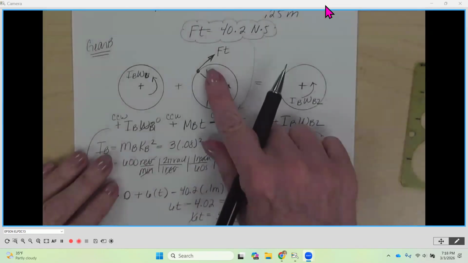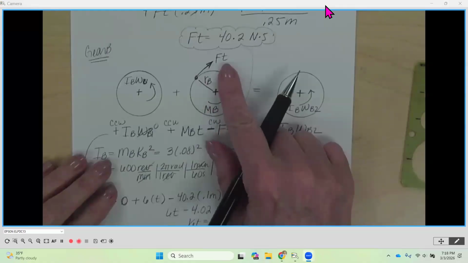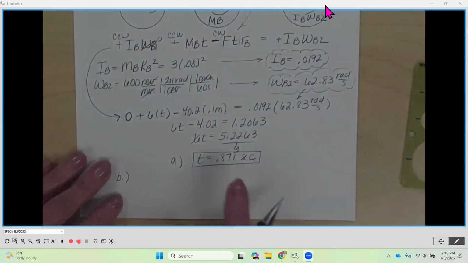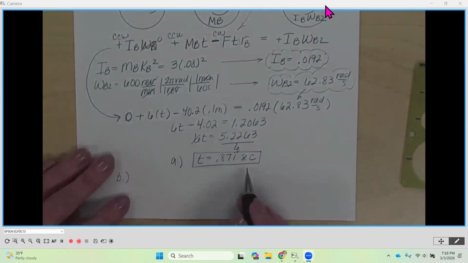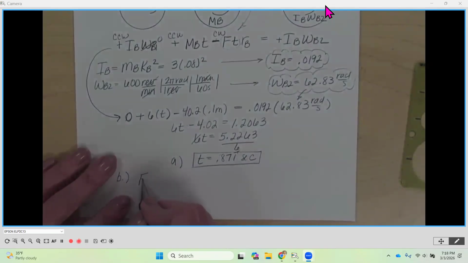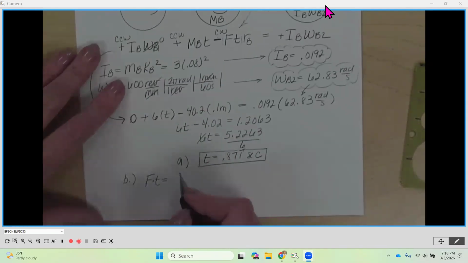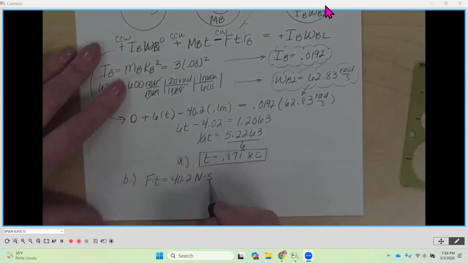Okay. So the force here is F times T. Now, if we know that the time is 0.871 seconds, we can say that F times T, we know that to be equal to 40.2 Newton seconds. Okay.